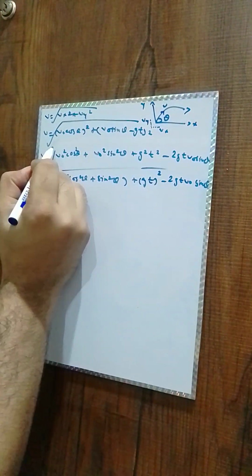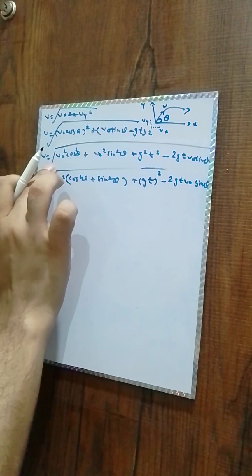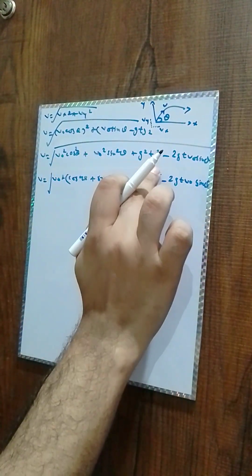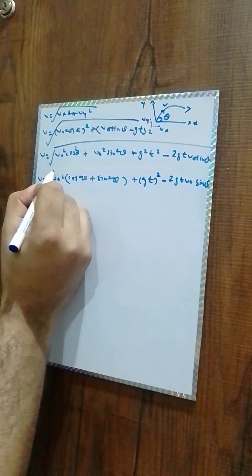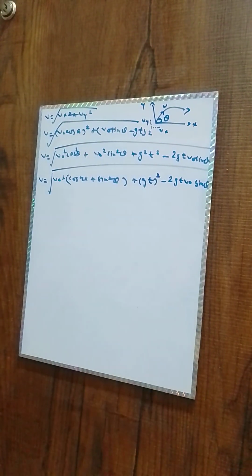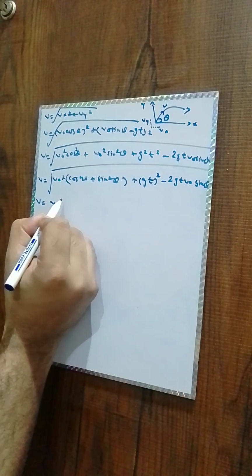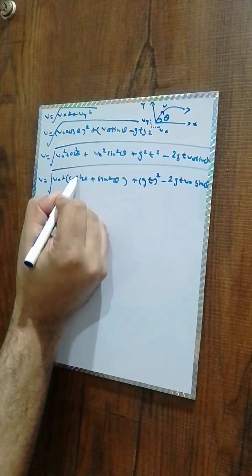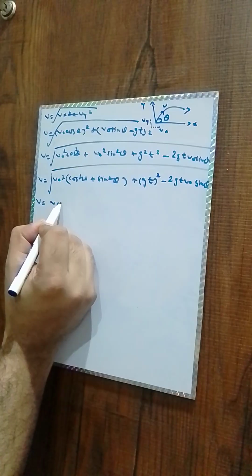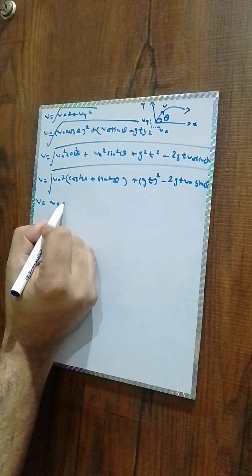okay, let's make it more visible. Yes, so v is equal to the root of v naught, and sine square theta plus cos square theta is equal to 1.